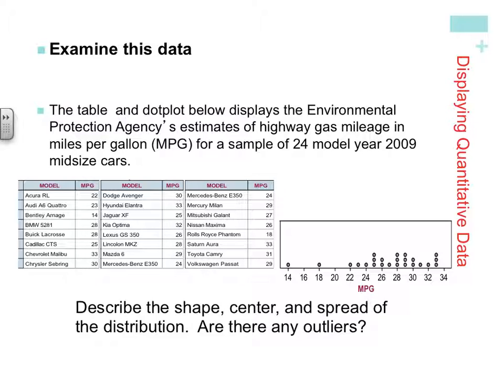And now we can talk about describing the shape, center, and spread of this distribution. So the shape of this dot plot for the highway gas mileage for 24 models, 2009 midsize cars, I would say that we have a peak at 30 miles per gallon.